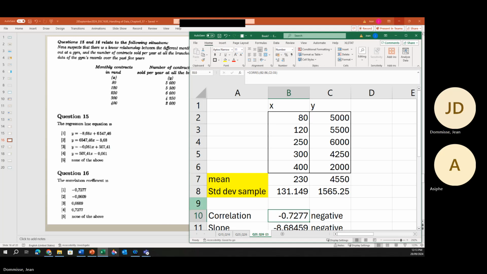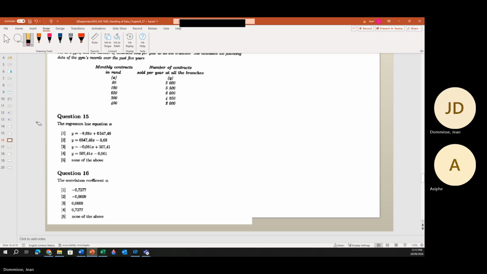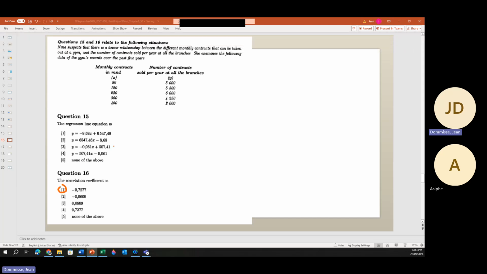So that would have been our correlation coefficient. We see it's negative. Because it's negative, the slope also needs to be negative. So we can see that is negative, so that might be correct.